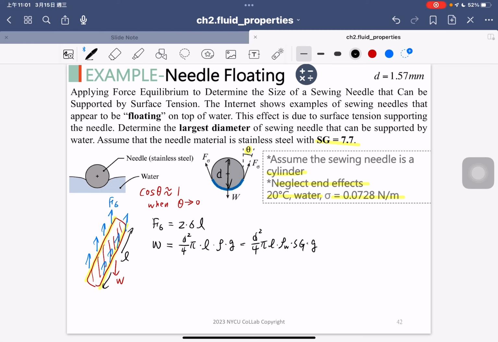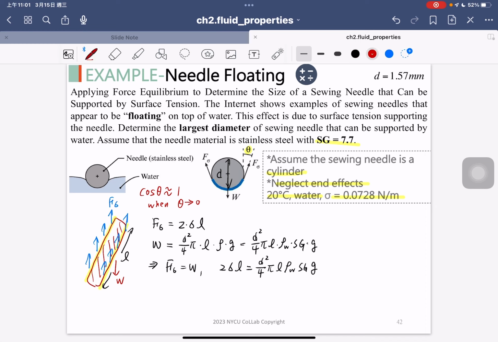So that gives the force balance. We set the surface tension force equal to the weight W: 2 times sigma L equals pi D squared over 4 times L times rho W times SG times gravity.